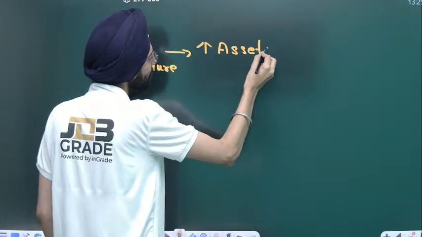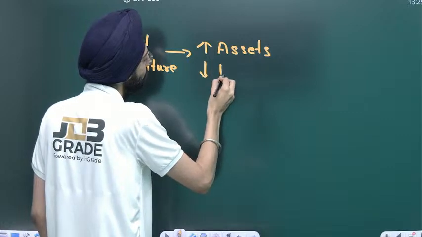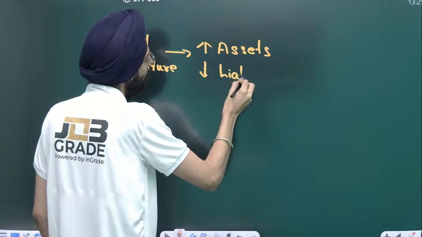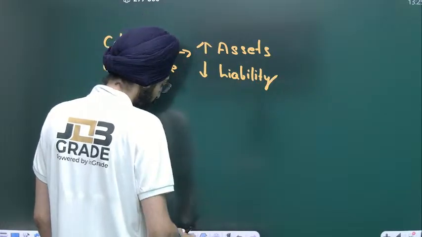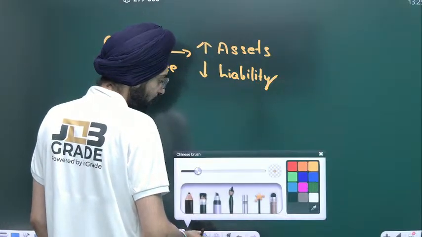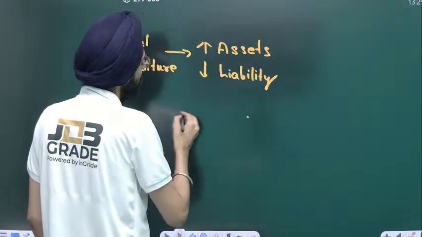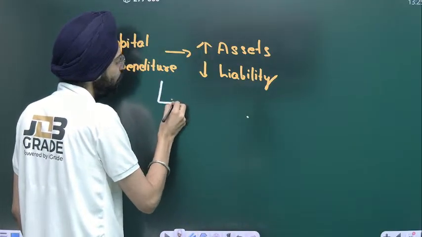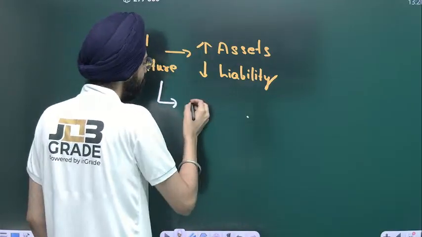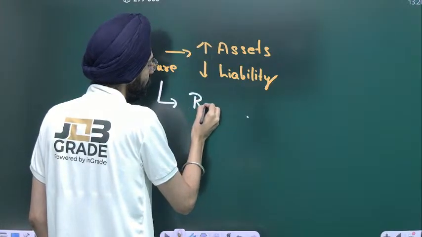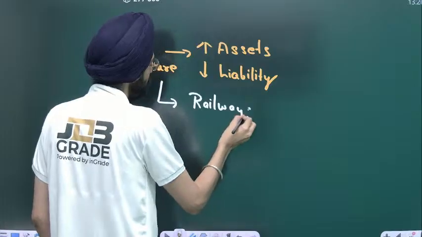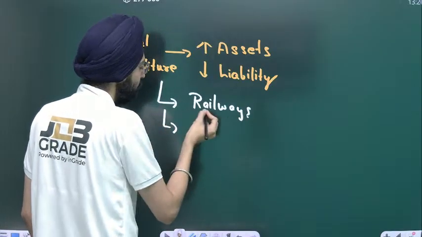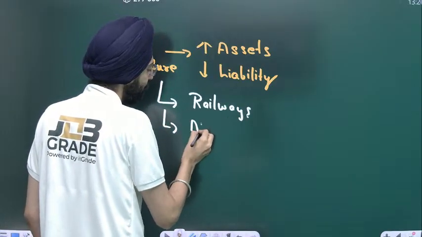Let me give you an example, which will help you understand this concept much better. Say, for example, the government is spending some amount of money on railways or to build a national highway.